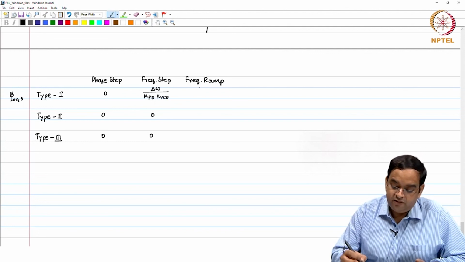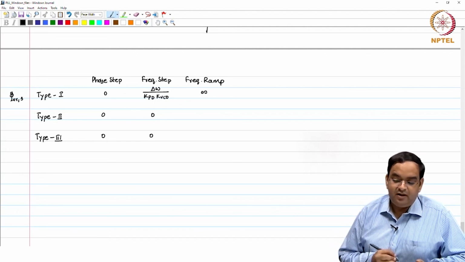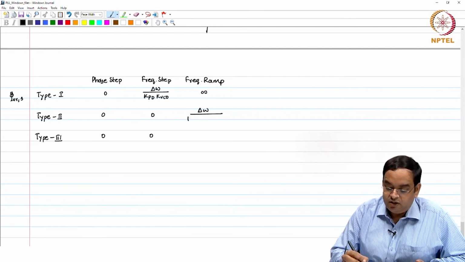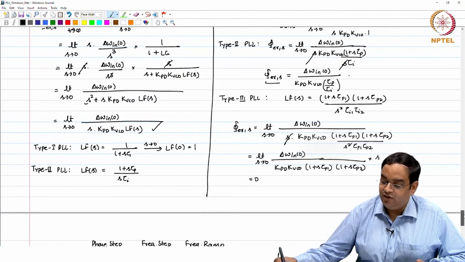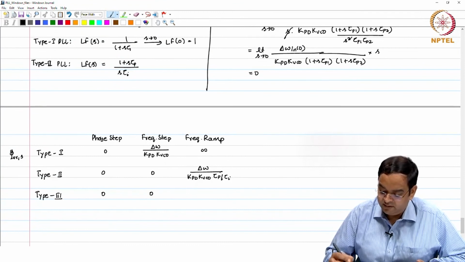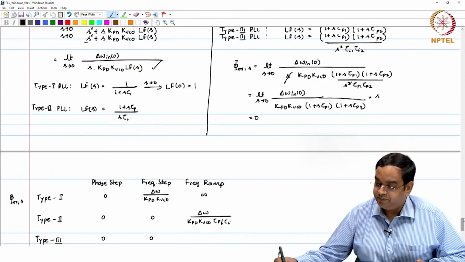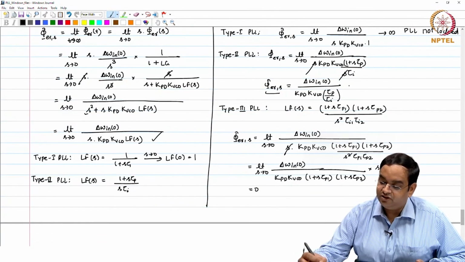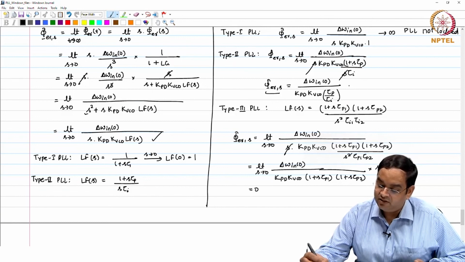When you have frequency ramp, type 1 PLL will give you steady state phase error as infinity, that means not locked. Type 2 PLL is going to give you KPD times KVCO, let us just cross check the value what we have, into tau P by tau I. Is it true? Okay. So, this is not tau P by tau I, because when you substitute S equal to 0, here this is 1, sorry.